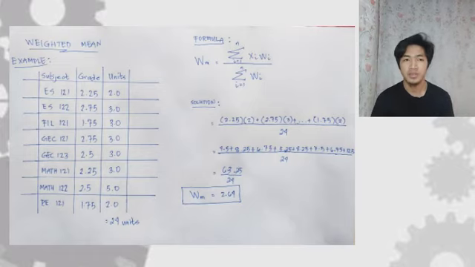Then pagkatapos noon, i-add natin sila lahat. Then 63.25. So saan nanggaling yung 24? Nanggaling yung 24 sa units natin, the total units natin. So 63.25 divided by 24 is equal to 2.64, which is weighted mean natin is 2.64.